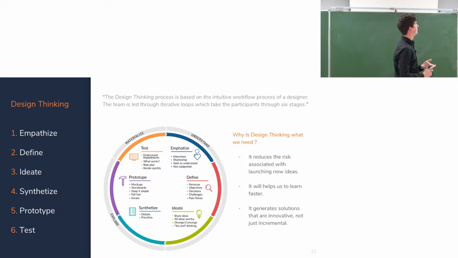Next, define users' needs and objectives. Then ideate. In this stage, we have to share lots of ideas about these objectives and user needs. There is no bad idea. Everyone should share a maximum of ideas.